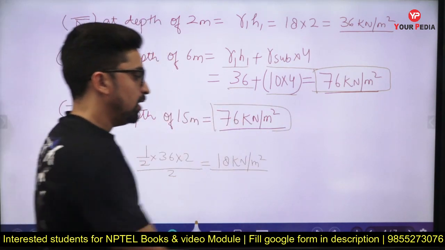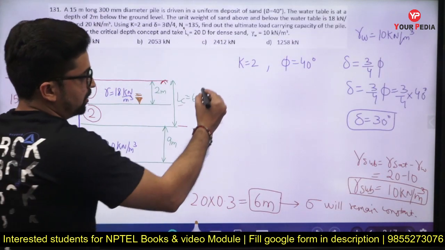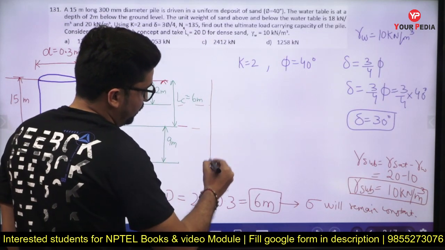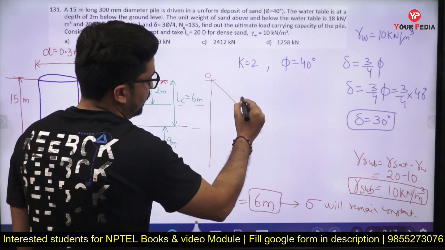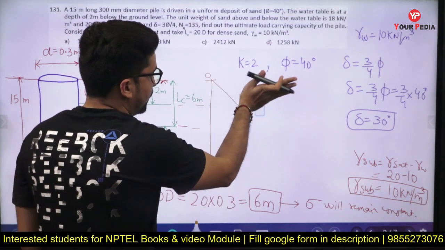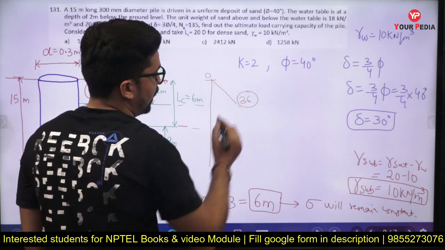Now in this question, let us draw the stress variation for all three regions. So at ground level it is 0. At 2 meter depth it becomes equal to 36 kilonewton per meter square.